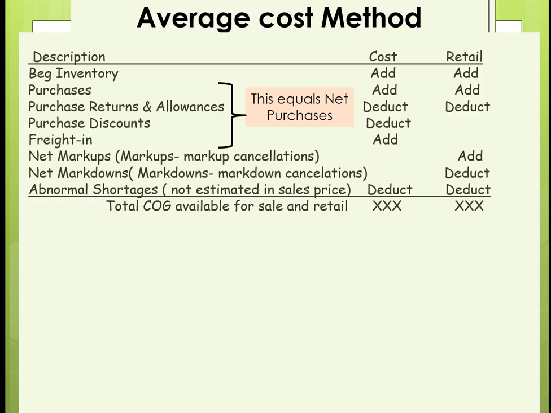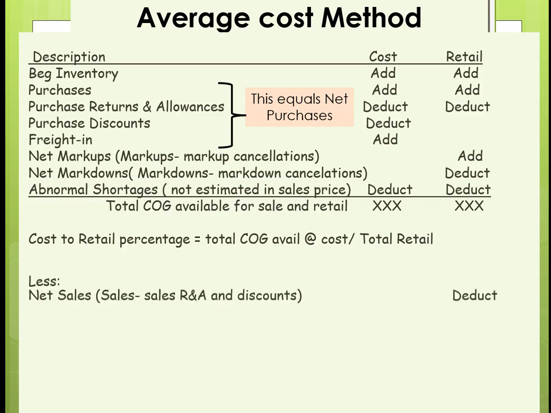And we're going to take away abnormal shortages, which are at cost and retail, and that's going to give you your total cost of goods available for sale at cost and retail. This is what you're going to use to compute your percentage. You're going to take your total cost divided by the retail, and that's going to give you the percentage that you need.